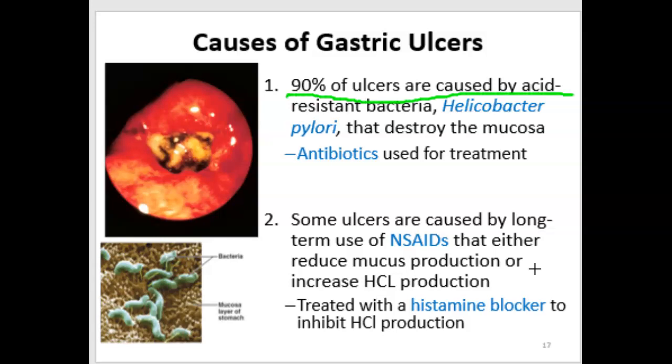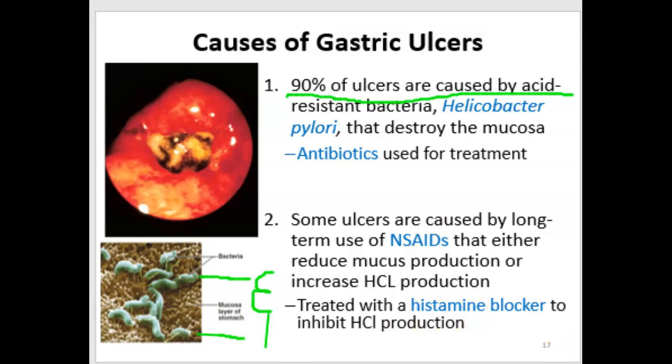It is called Helicobacter pylori, and that Helicobacter pylori destroys the mucosa of the stomach. And there's a picture of these little bacteria down here on the bottom. I think they're called helico because they look kind of swirly.